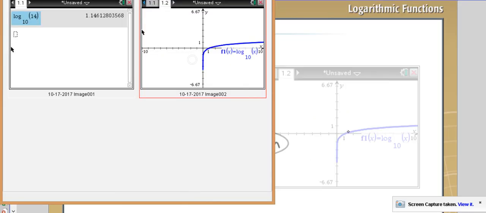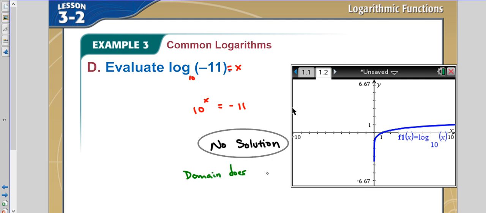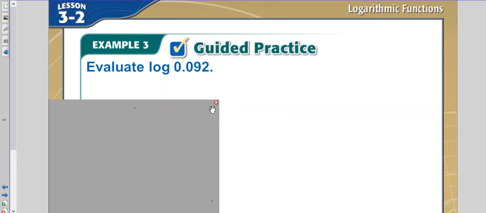It's just impossible to do. So here, its domain does not exist when x is less than or equal to 0. Just doesn't exist at all. So here's one for you to try.